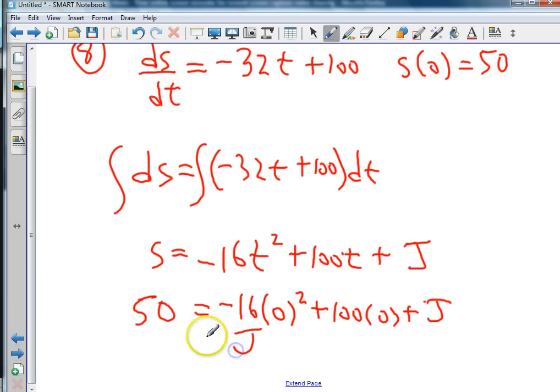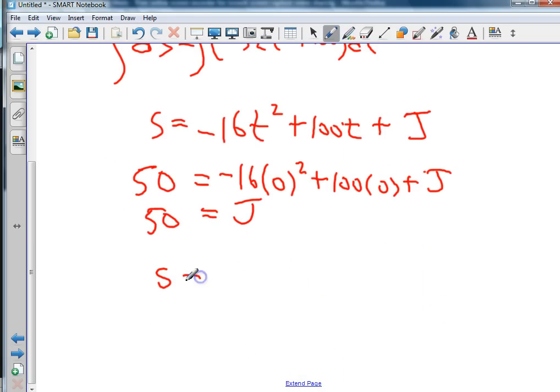J is just 50. Everything else is 0. Oh, 100t. Yeah. Oh, okay. That's different. All right, so again, that's the general solution, but the particular one is S as a function of t is negative 16 t squared plus 100 t plus 50.